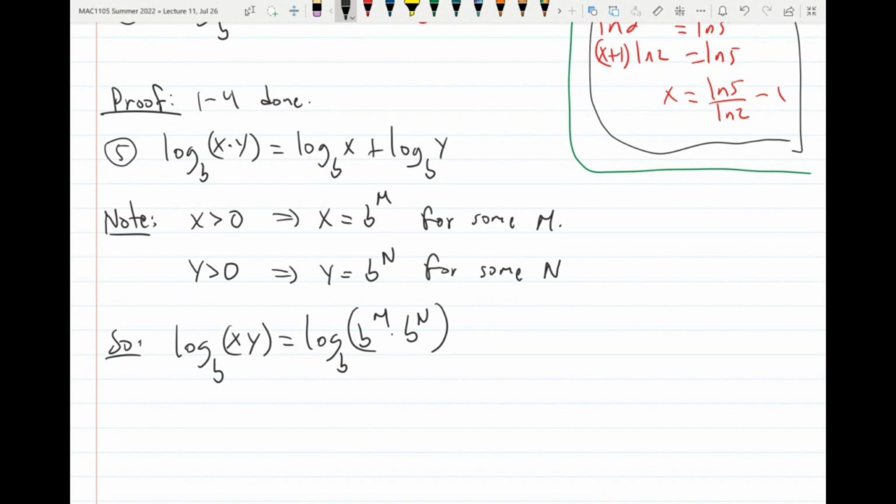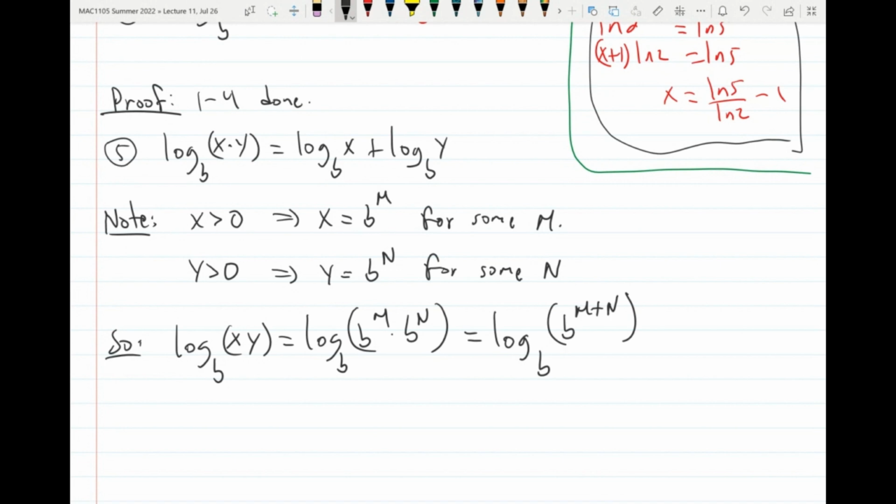I don't know what these are, but we're going to know pretty soon. And why did I do this? Because I wanted to rewrite this as exponents, because now I want to use the properties that we know. So what do we know about exponents? What happens when you multiply these two? So this is log base b of b to the m plus n.